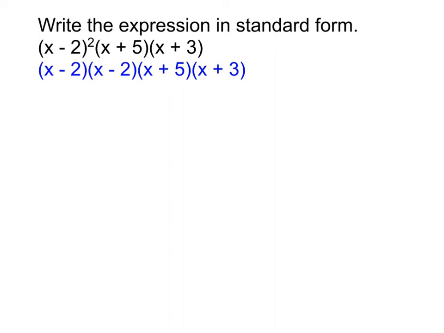Now, it's still not super simple, but a little bit easier. Go ahead and multiply the first two together and the last two together. So multiply the x minus 2's and multiply the x plus 5 times the x plus 3. So go ahead and just multiply those two sets together, and then we'll see what that gives us as a result.